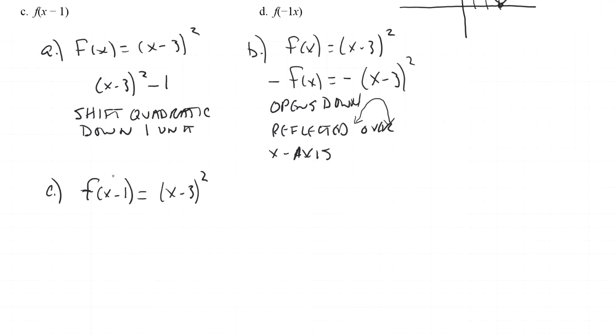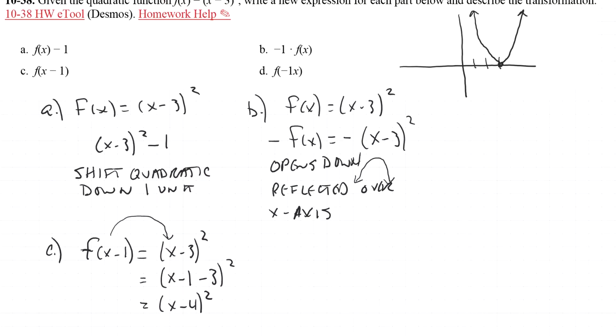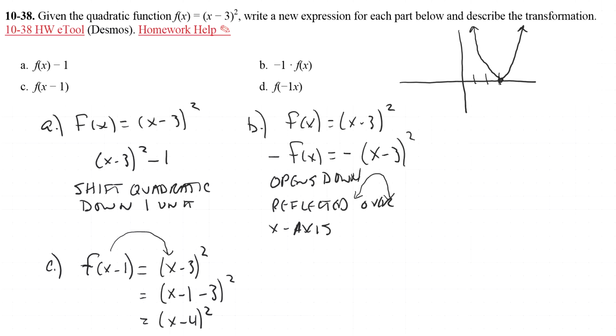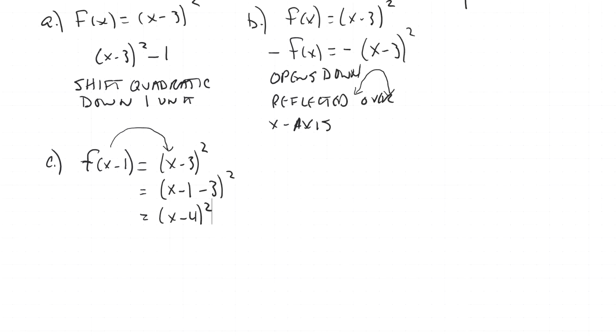So that's telling me I'm going to put this into x. So when I do that, I get (x minus 1 minus 3) squared equals (x minus 4) squared. So now basically what it's doing is instead of being at 3, it's at 4. So it shifted my quadratic to the right 1 unit.